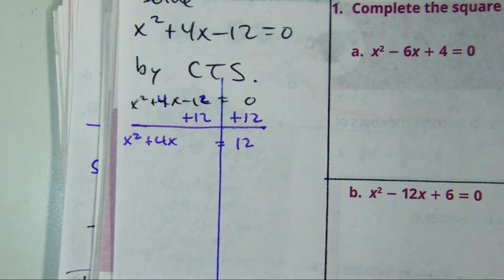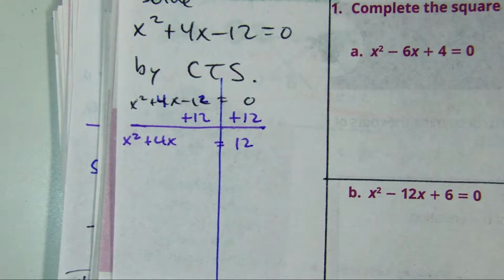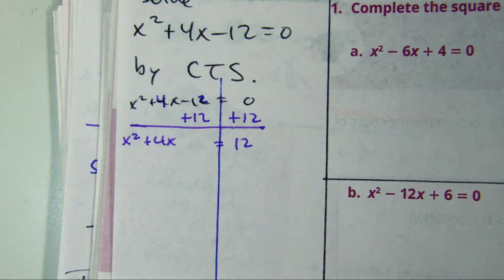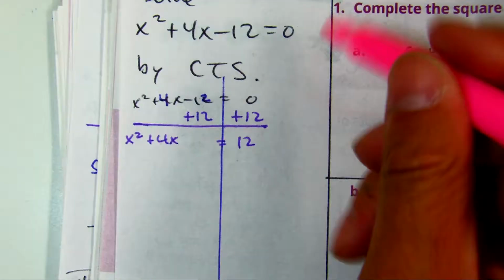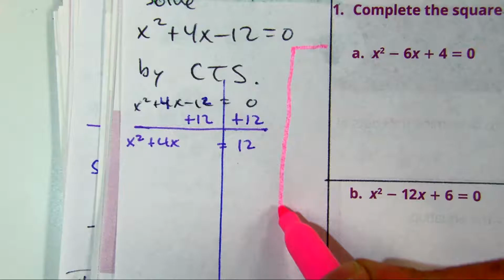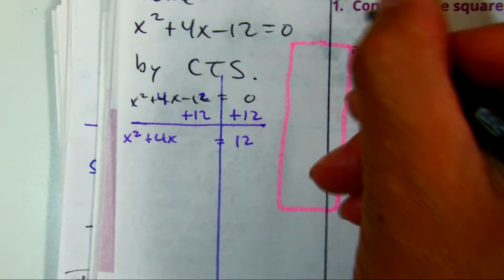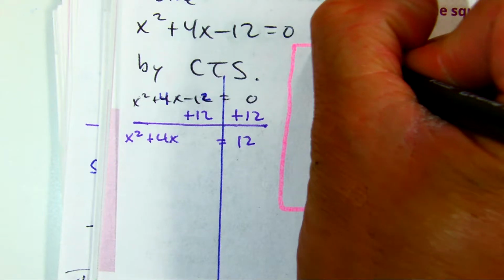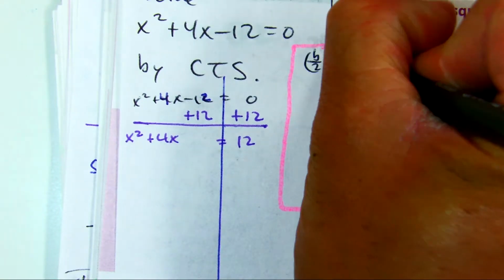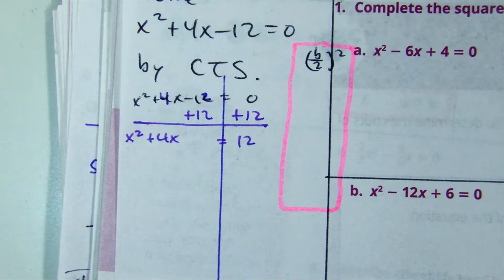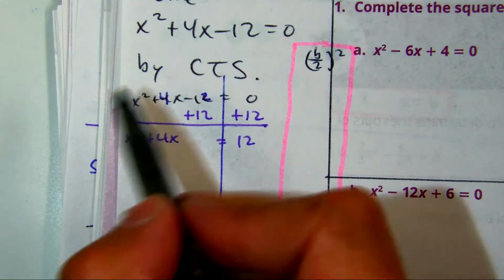Alright, what do we do next? Jenny. Next, you do the, yeah, let's do that. What was the formula again, Jenny, for completing the square? And what is our b value, Jenny? 4 is correct.